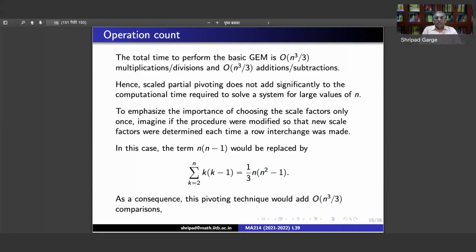And so as a consequence, this pivoting technique would add big O of n cube by 3 comparisons in addition to the n plus 1 by 2 minus 1 divisions.